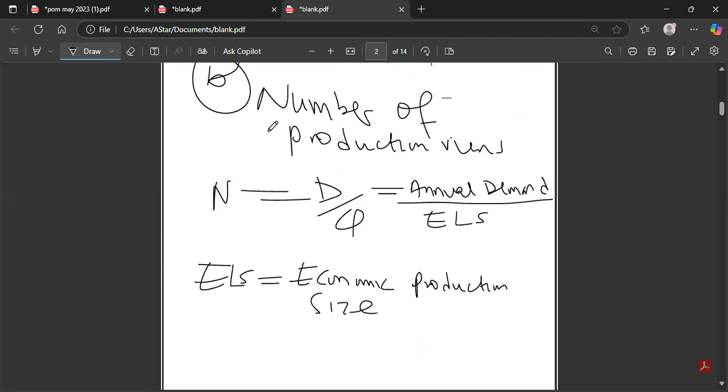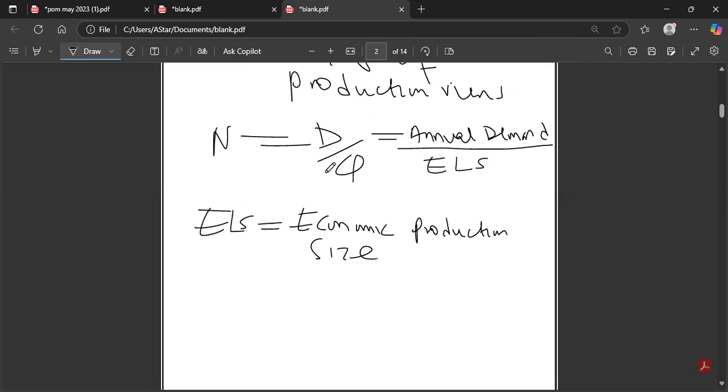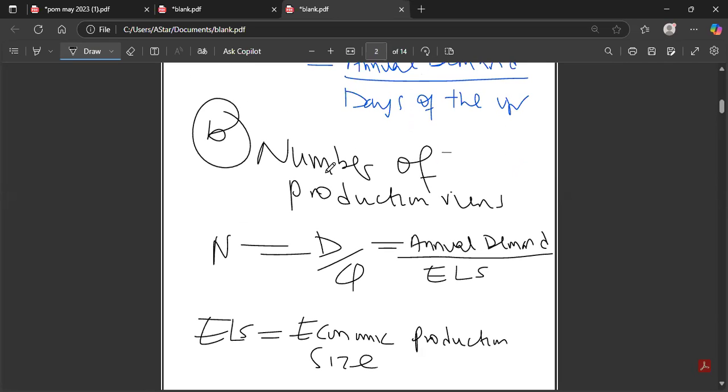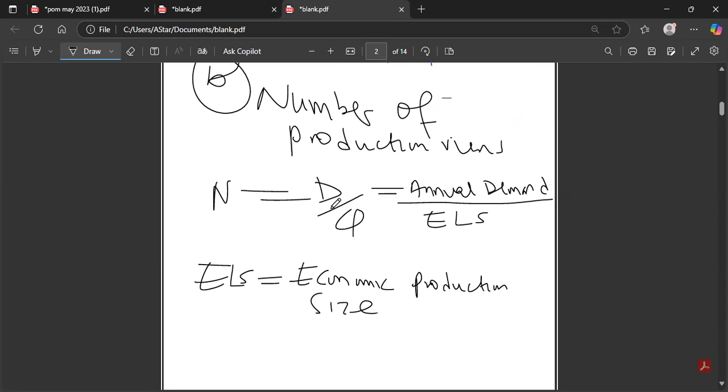Then we go into, have you written this one or have you captured it? Not yet. I want to take you slowly. It's not about me rushing you. It's about you understanding what is happening. So number of production runs to meet production: how many times you can produce to meet annual demand?